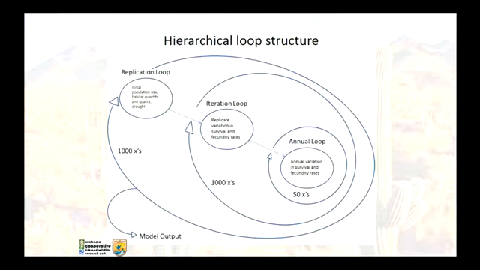Your normal simulation model for a population like this has an iteration loop and an annual loop. The iteration loop replicates your population, say 1,000 or 5,000 times, and then your annual loop projects it into the future 50 or, if you're crazy, 200 years.